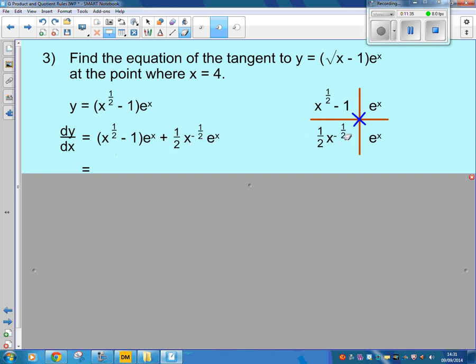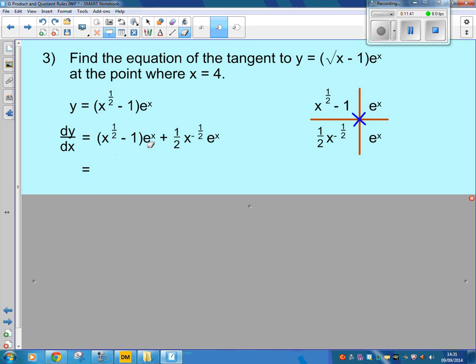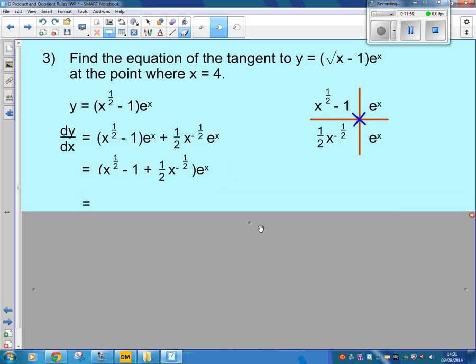So you get a half x to the minus a half e to the x. Let's combine it. Notice that the e to the x is a common factor. So you've got x to the half minus 1 plus a half x to the minus a half, all times e to the x.